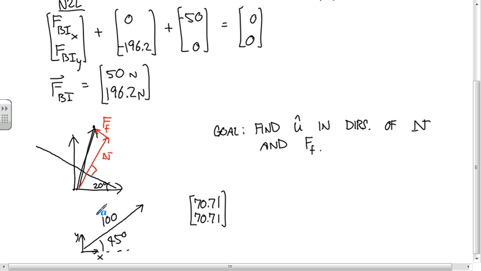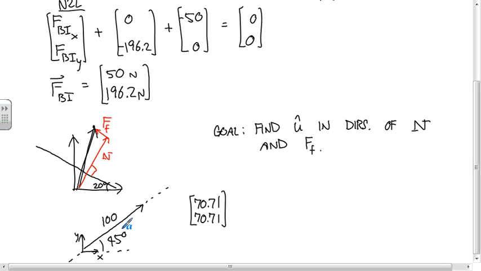What would you have to dot this vector by? Well, let me think of it this way. If we took a projection of this vector onto a line parallel to it, what should the answer be? Should be 100, right? And so what's a unit vector parallel to this line?